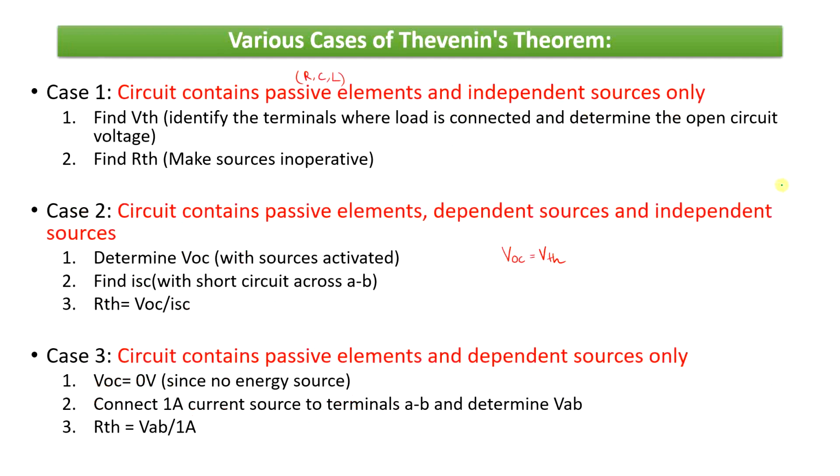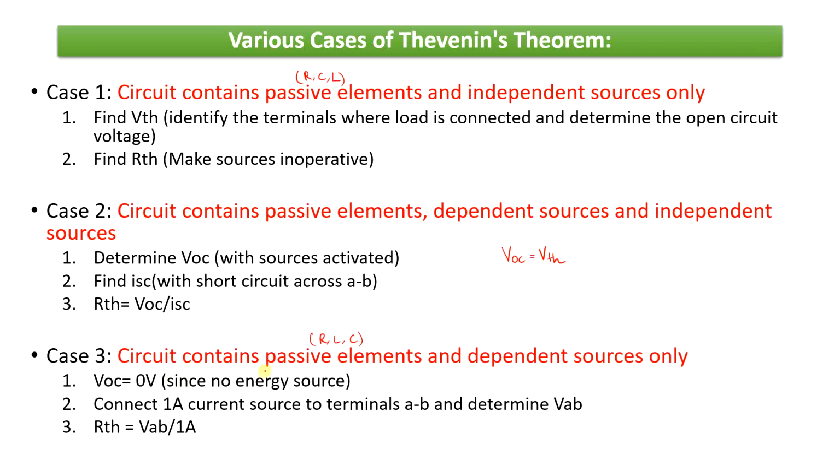In this case the circuit contains passive elements, that is a resistor, capacitor or inductor, and it consists of only dependent sources. You do not have any independent sources. Okay, only dependent sources are present. So when you have only dependent sources, there is no energy source in the circuit.